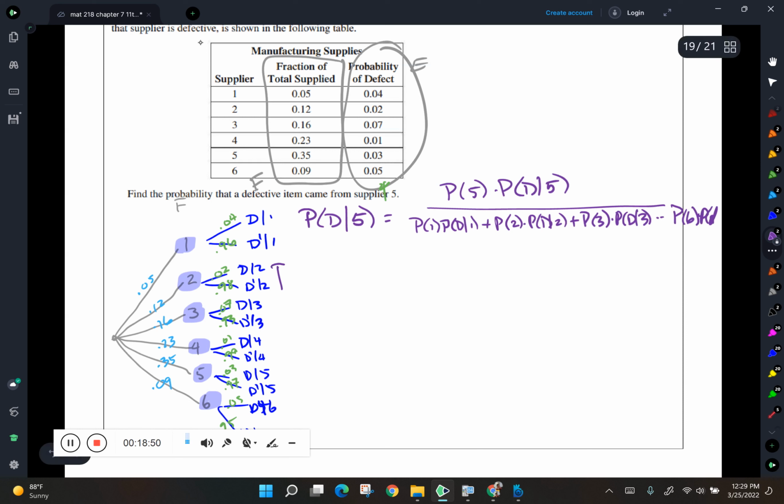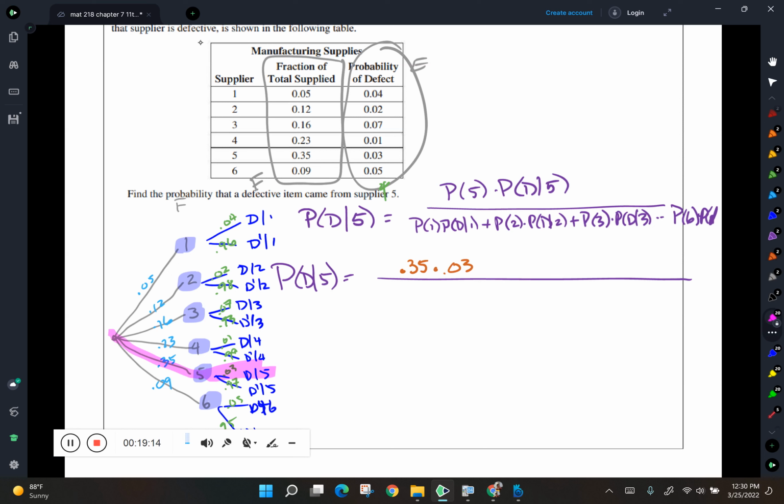So in terms of the math, I'm going to have upstairs, probability that came from supplier 5 is 0.35 times 0.03, and that's this branch of the tree diagram right here. And then downstairs is going to be every single branch that terminates in defective.